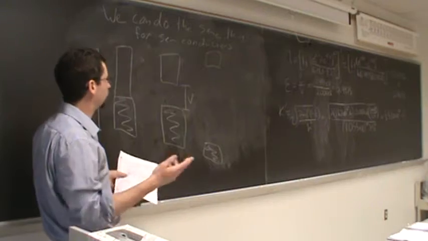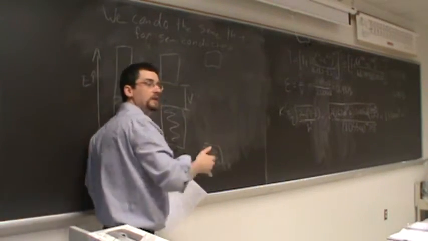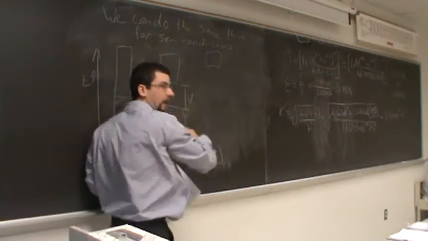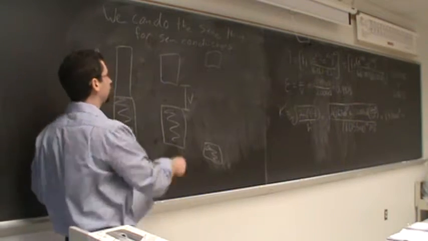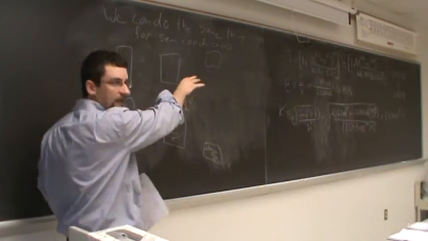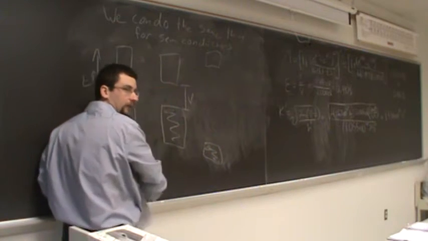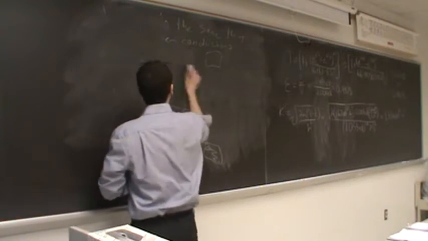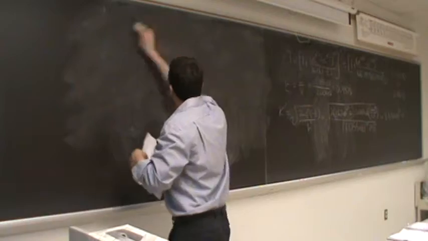That's where electrons don't get transmitted, because this potential is way too large, and the likelihood of an electron going from there to there is very minuscule. So what we're going to do is look at the exact same setup. We're just going to change our mass of the semiconductor. Then we're going to see something interesting.